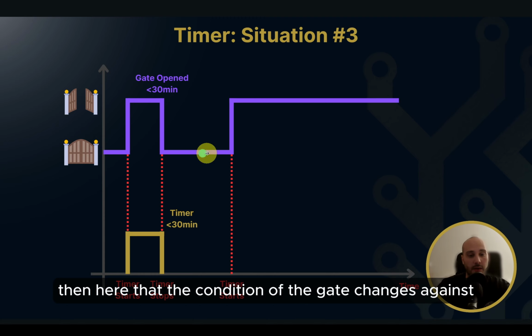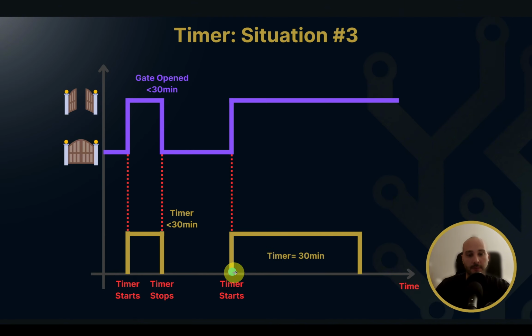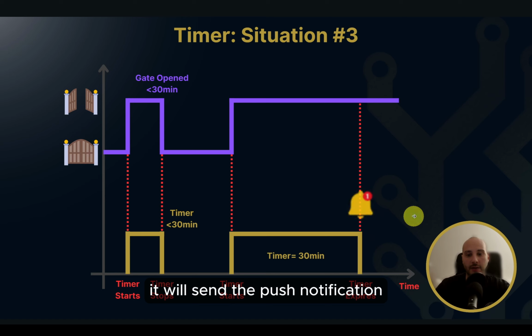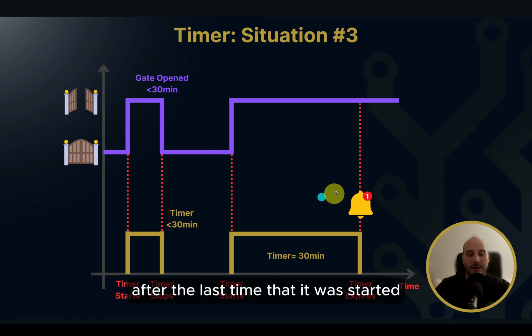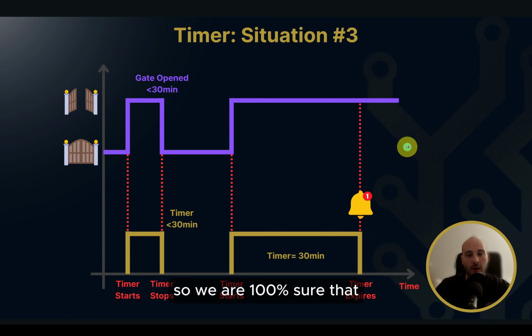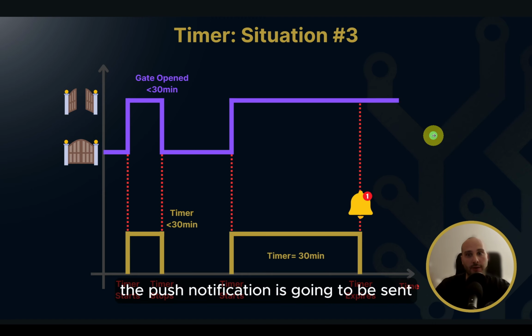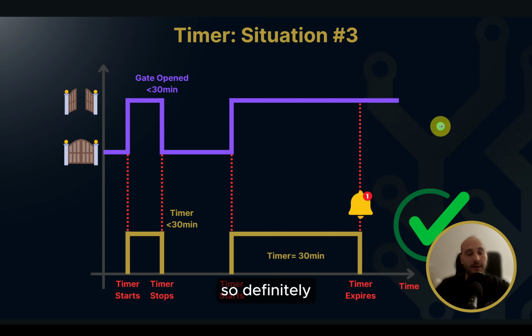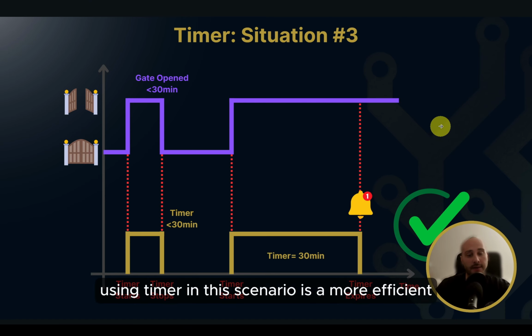Then the gate condition changes again, the timer starts again, and the timer takes 30 minutes, and when it finishes, it will send the push notification after the last time that it was started. So we are 100% sure that the push notification is going to be sent after 30 minutes of completely open state. So definitely using a timer in this scenario is more efficient.